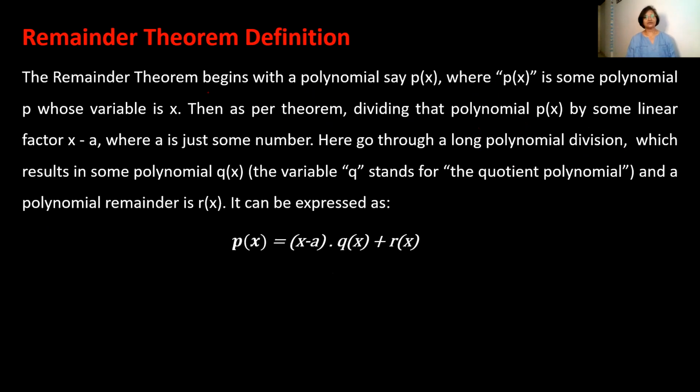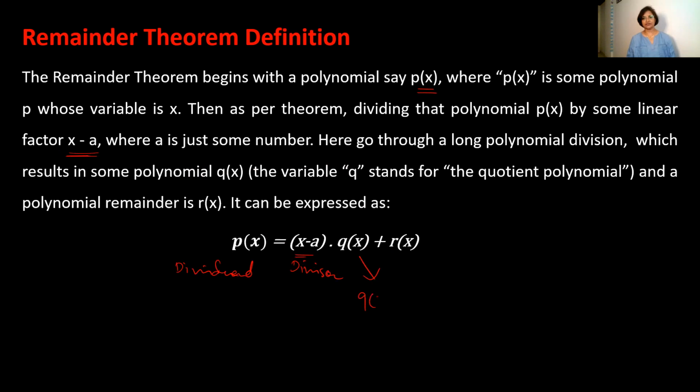The remainder theorem begins with a polynomial, say p(x). We suppose any polynomial p(x) is divided by a linear factor or linear expression x minus a. This is the divisor, this is the dividend, and this is the quotient.